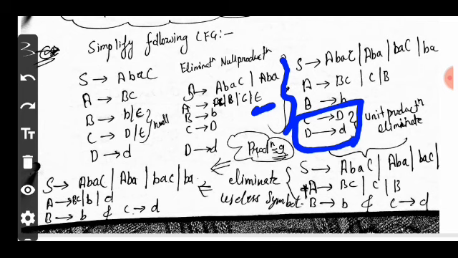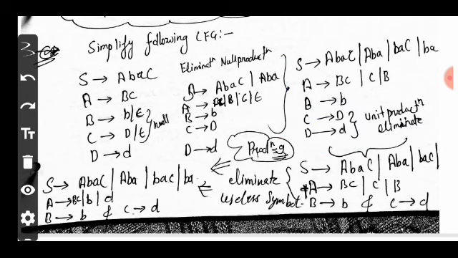So removing this transitivity, we got directly C produce small d using the unit production elimination rule. So after using this rule, we got S produce ABAC or ABB and BAC, and A produce BC, CB, B produce B and C produce D. Now here A is producing useless symbols like C and D. So we know that the value of B is small b and C produce small d.